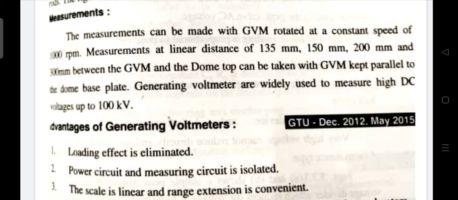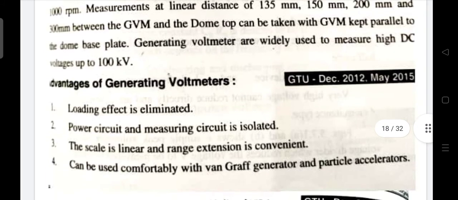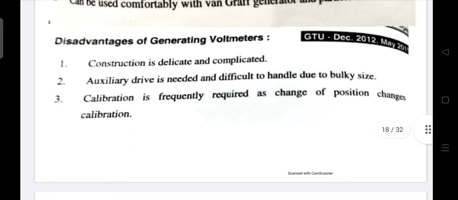The advantages of the generating voltmeter are that the loading effect is eliminated, the power circuit and measuring circuit are isolated, the scale is linear and range extension is convenient, and it can be used comfortably with Van de Graaff and particle accelerators. But there are also some disadvantages.